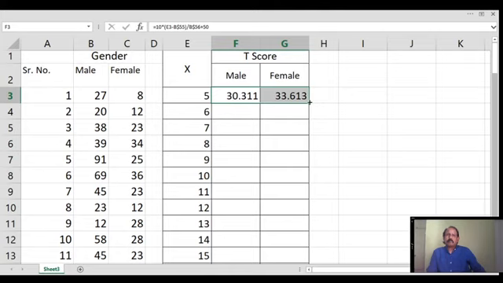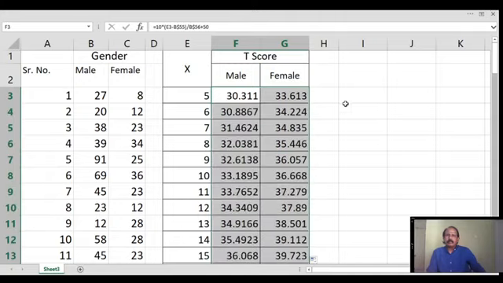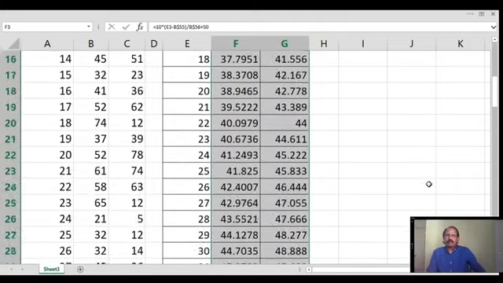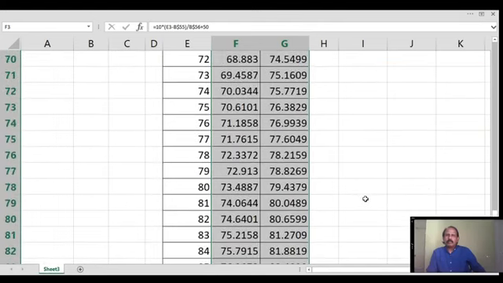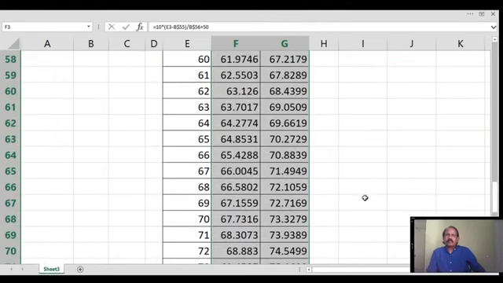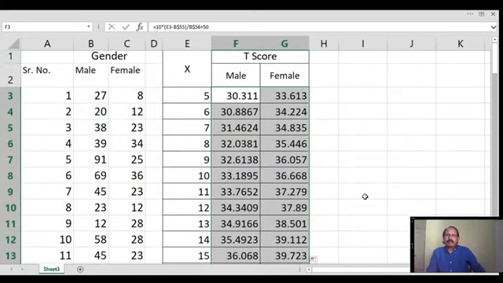I press the left click of the mouse twice rapidly, and the t-scores for all the remaining numbers, from 6 to 91, will be found. Look at the screen. In this way, we have found the t-scores for all the raw scores given in the particular data range.